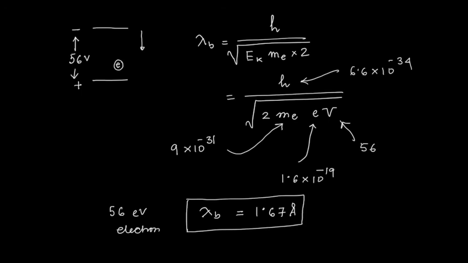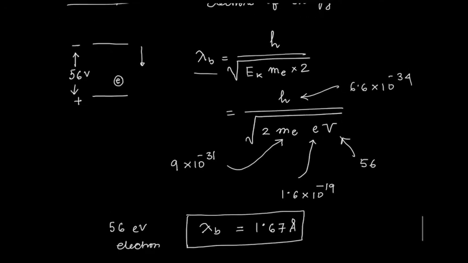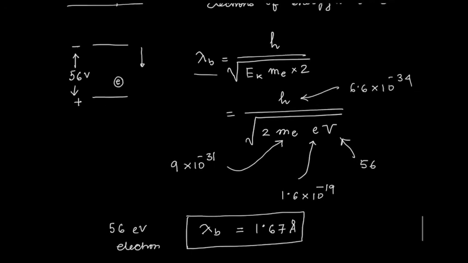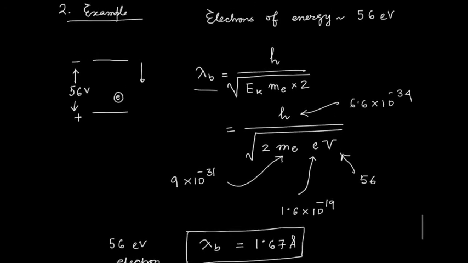Wow. So this is something that even those calcite crystals will be able to see. Imagine that I have some type of crystal where the atomic spacings are 1.67 angstrom. Then it is supposed to see many electrons falling into it with this wavelength, this amount of kinetic energy, 56 electron volt, as waves, and it will produce a diffraction pattern.